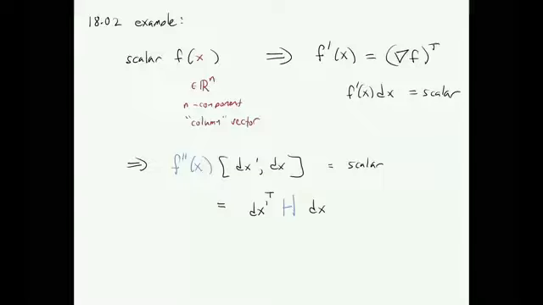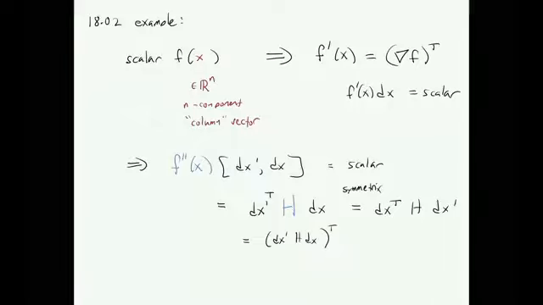And it has to be symmetric. We know it has to be the same thing if you swap the dx and dx prime. But that means actually it has to be a symmetric matrix, because this is also a number, so it equals the transpose of itself. Right?